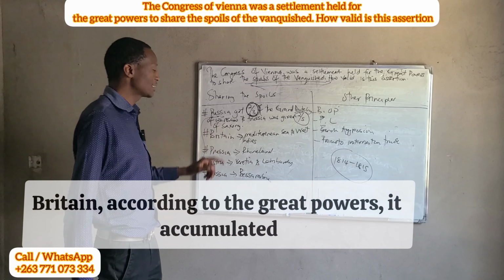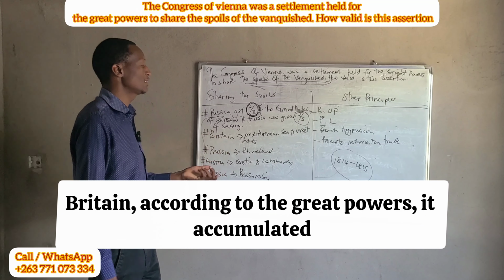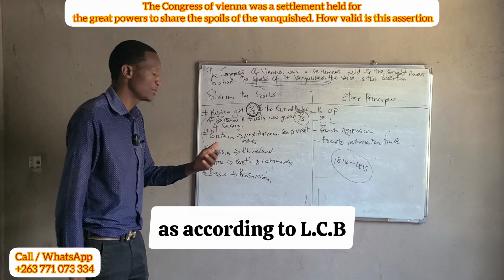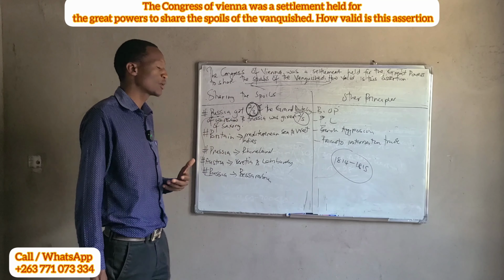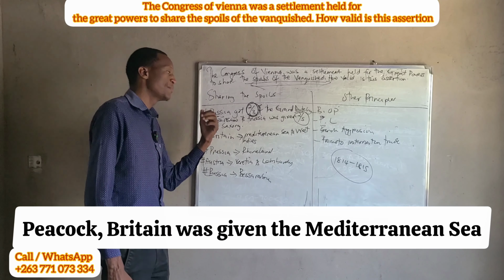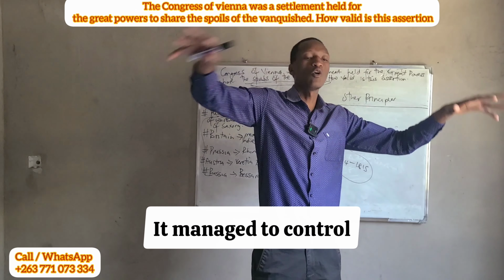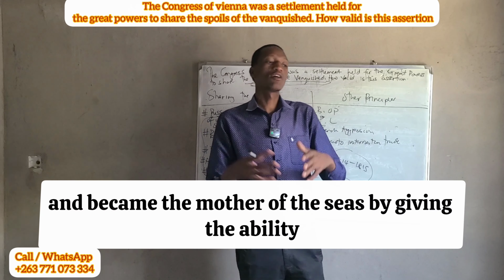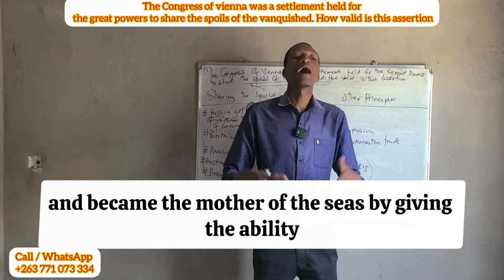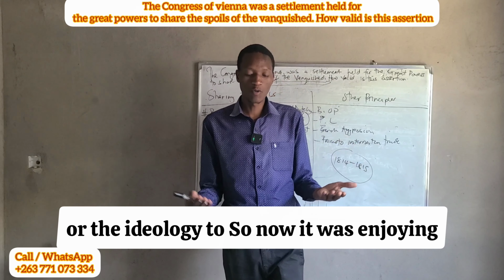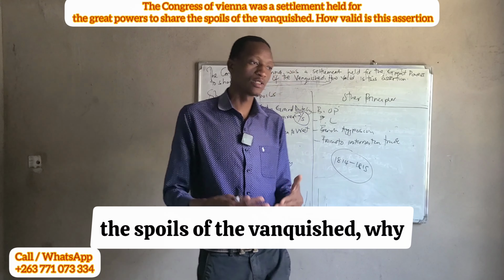Furthermore, Britain, according to LCB Seaman and according to H.O. Peacock, was given the Mediterranean Sea and the West Indies. It managed to control and became the mother of the seas. So now it was enjoying the spoils of the vanquished. Why?